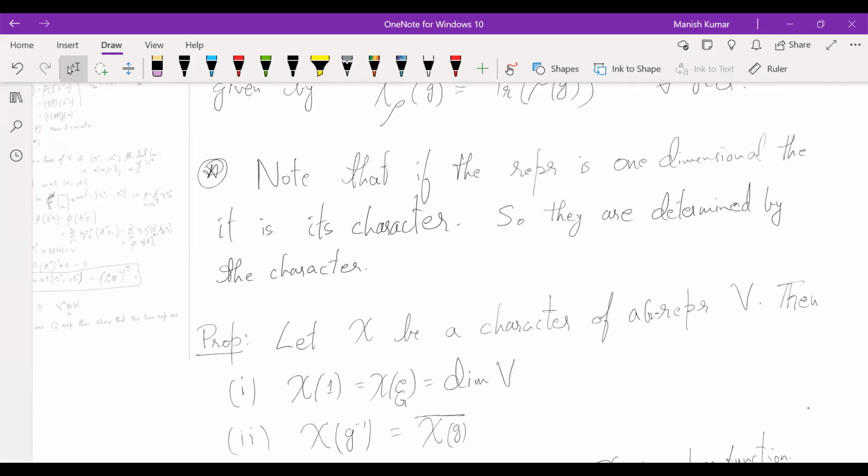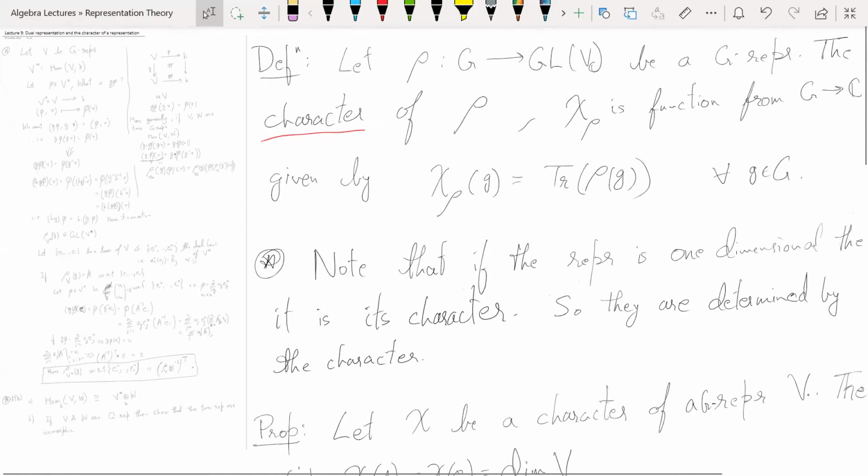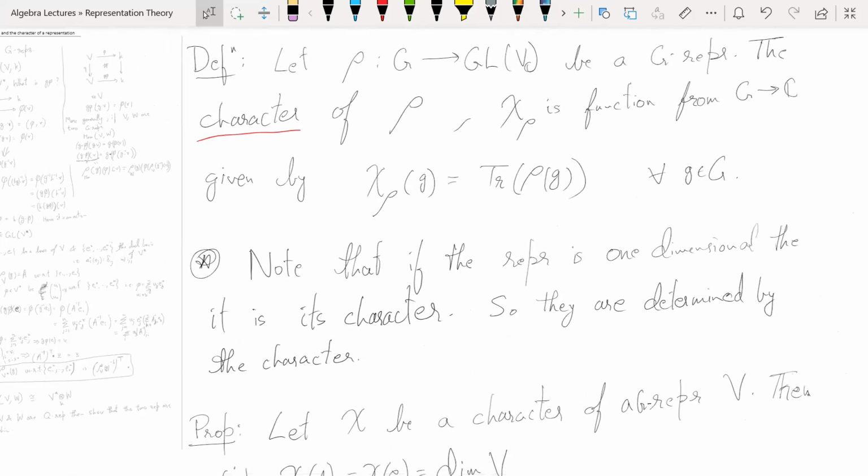So Schur's lemma, maybe I told you already. Schur's lemma tells you, if you have two representations V and W, and suppose that they are irreducible representations of the same group G, and suppose you have a G equivariant map between V and W, then there are not too many of them.